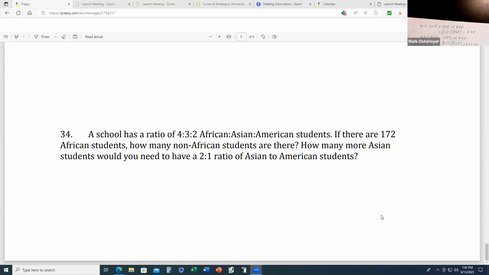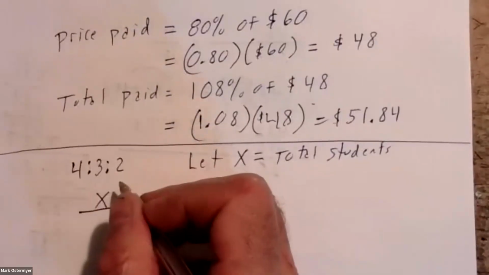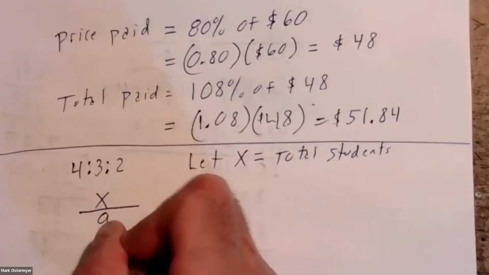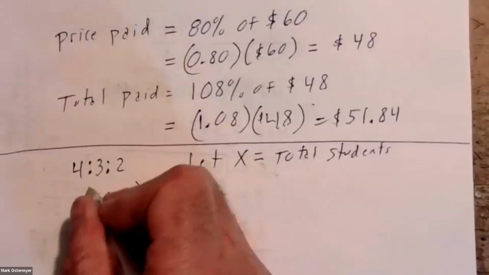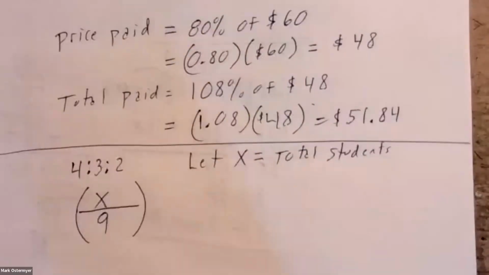African students are 4 over 9, so X divided by 9 gets multiplied by 4, and that equals 172, because there are 172 African students.